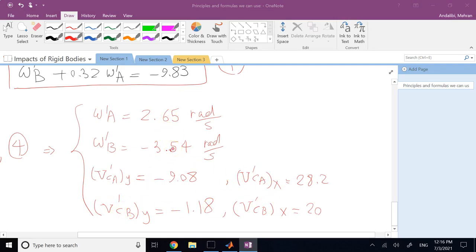Now, do they make sense? So this omega means counterclockwise, this omega means clockwise. This velocity here has positive x and negative y, so it is something like this. And this one is positive x and negative y, so that also means something like this. Does that make sense?